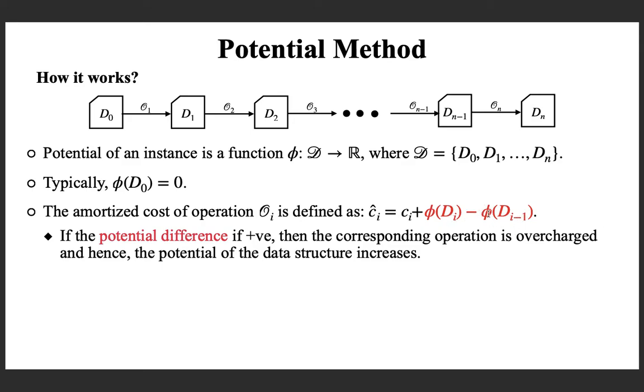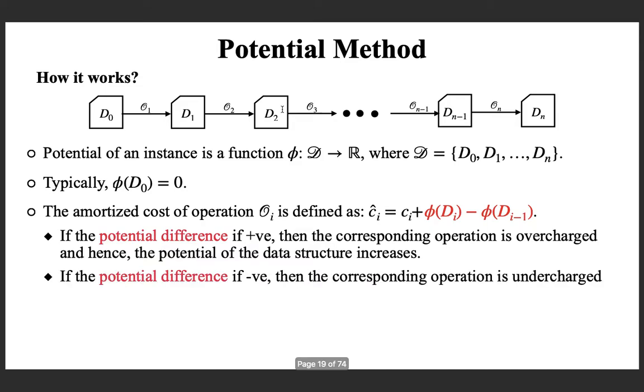Note that the potential is assigned to the data structure instance as a whole. In the other case, when the potential difference is negative, the operation is undercharged because it is the actual cost plus a negative value, and hence the potential of the data structure decreases.